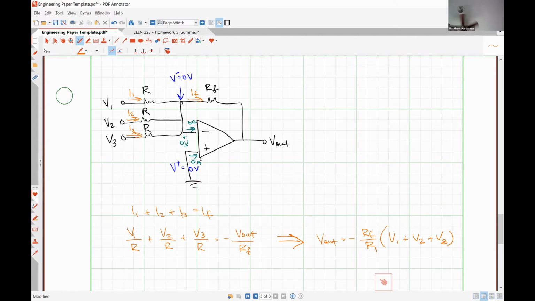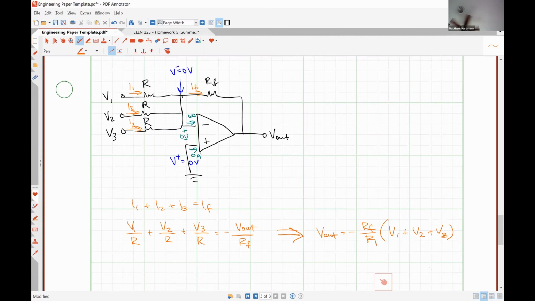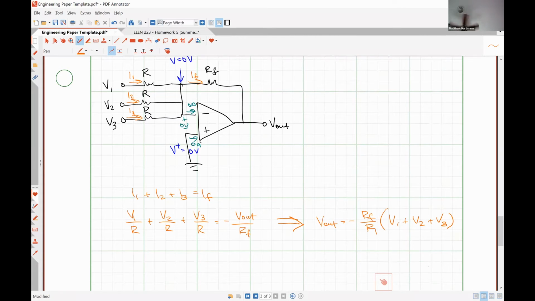A non-inverting summing amplifier is significantly more difficult to employ. It's very straightforward for 2 signals, but every signal after that becomes more and more cumbersome to use.